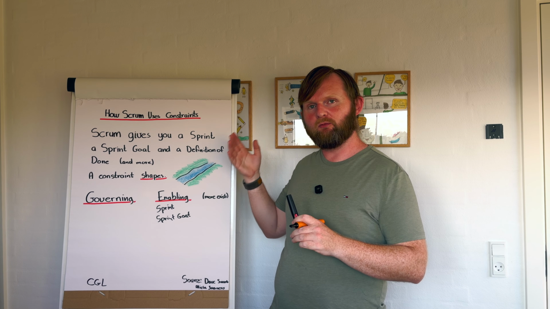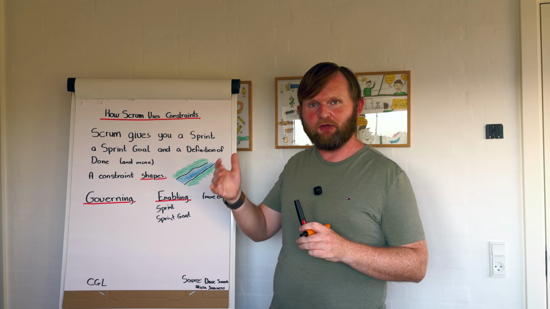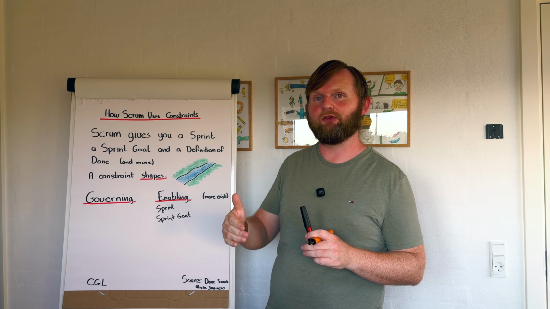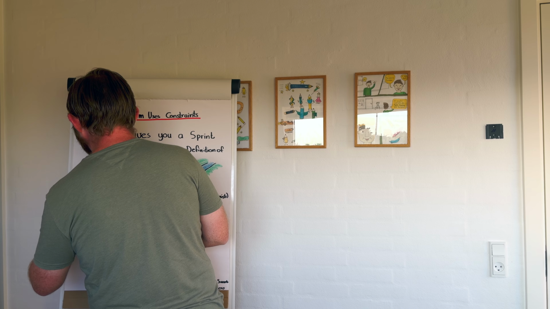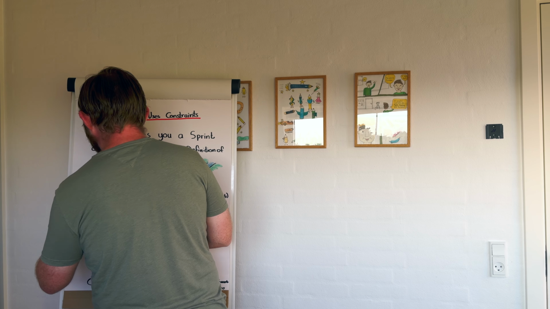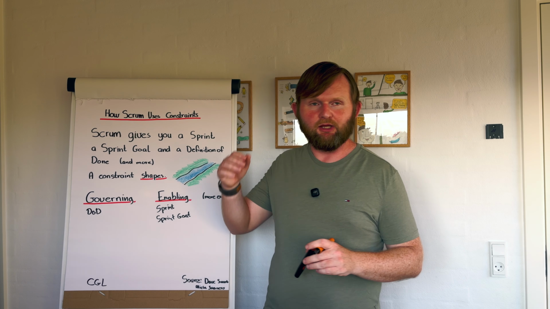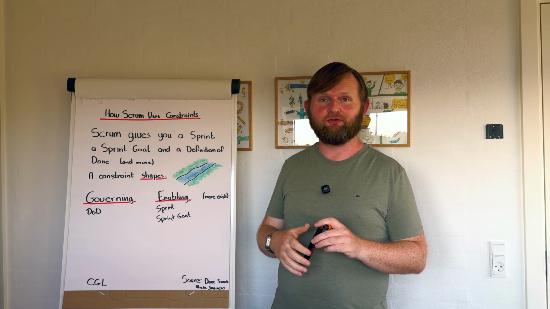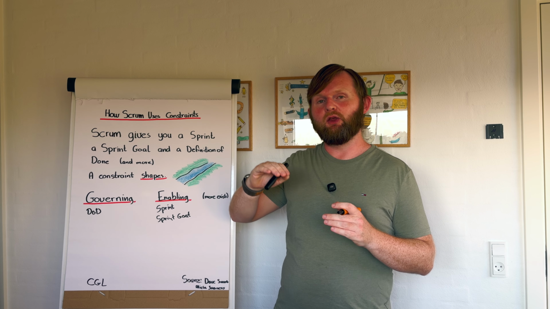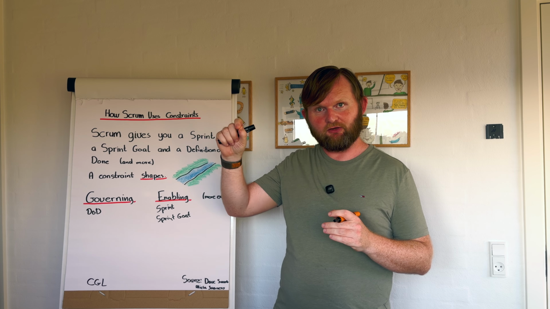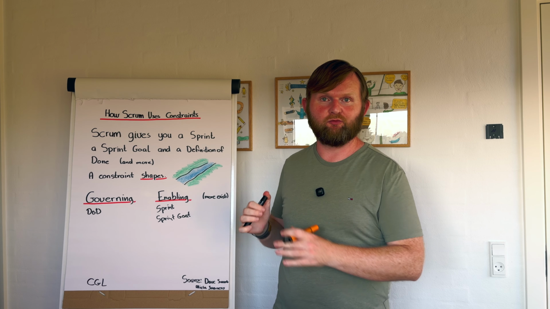But we also have some governing constraints in Scrum, things that we are simply not allowed to cross. For instance, the definition of done, that is, I'm lazy, so I'll just write DOD. That is a governing constraint. So we need to make sure that all points in this definition of done are checked off before we can actually put it into production.